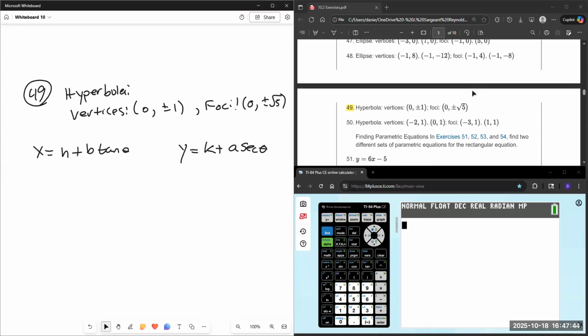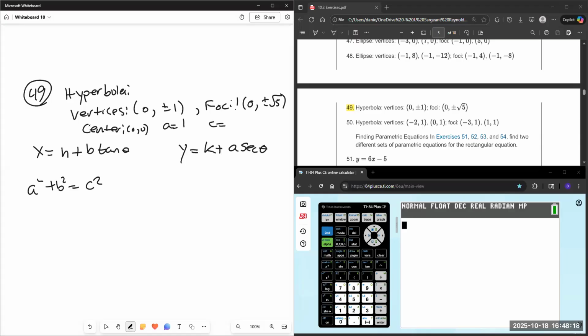So let's go ahead and do a little pre-calculus here to say that the center halfway between the vertices is at 0, 0. And we have a squared plus b squared is equal to c squared. A is equal to 1, the distance from the center to the vertex.